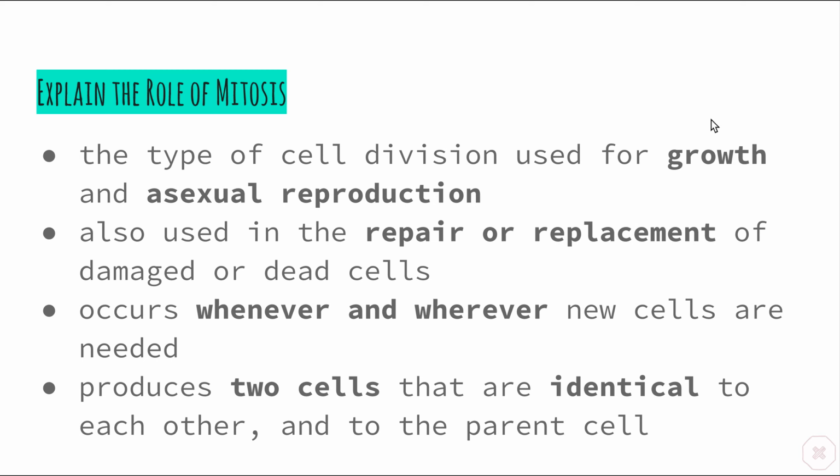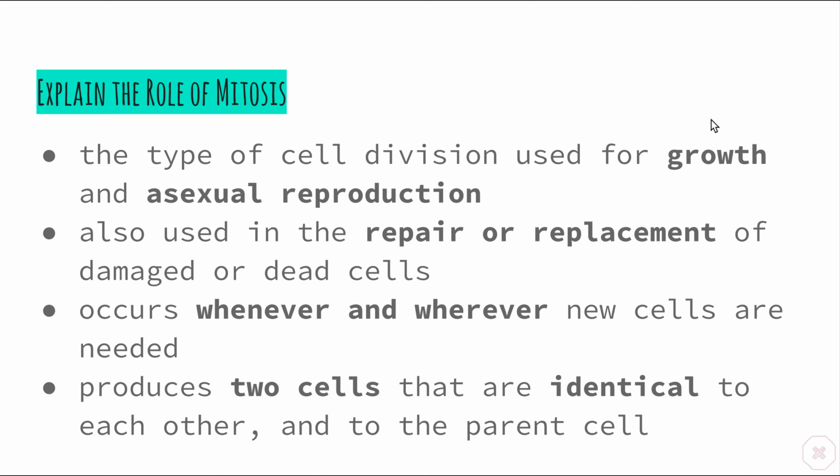And with most bacteria, they reproduce extremely rapidly. So we can start off with one bacterial cell, and within a few hours, we can have millions. And that's how people get sick very quickly with bacterial infections, because that bacteria can reproduce so quickly on its own simply by the process of mitosis.